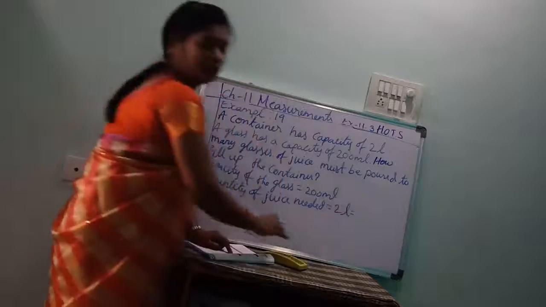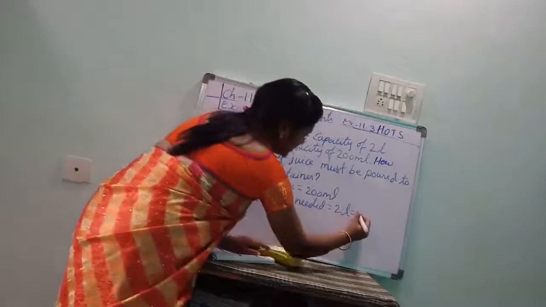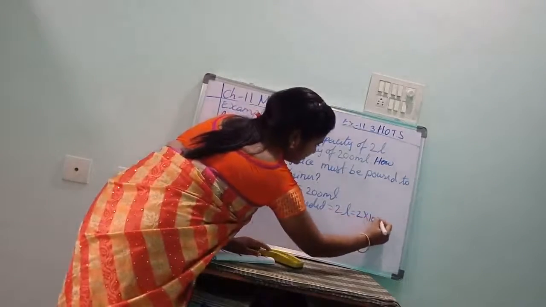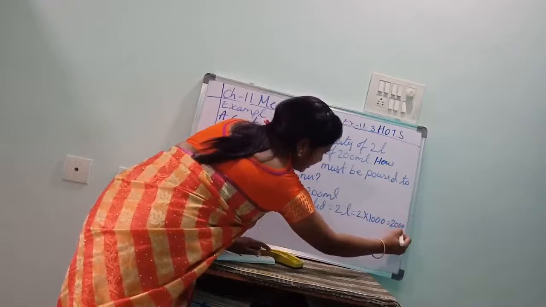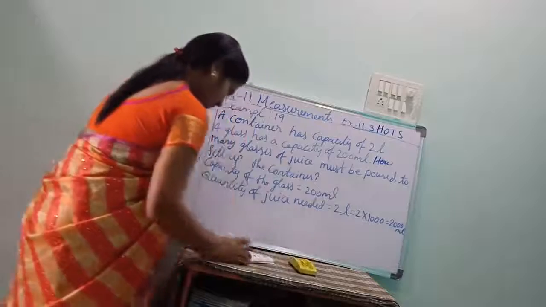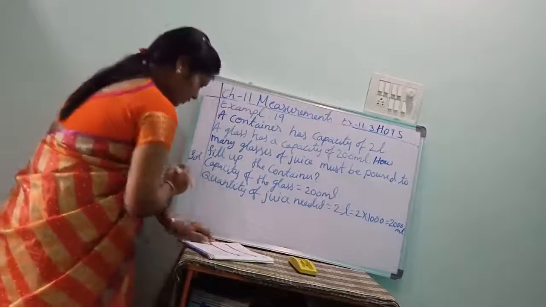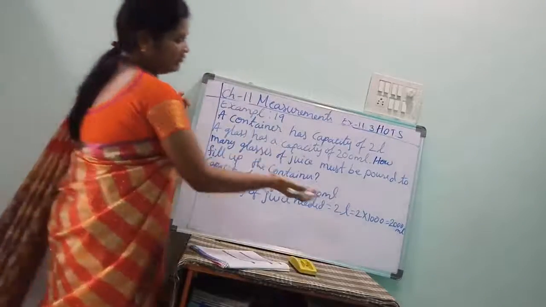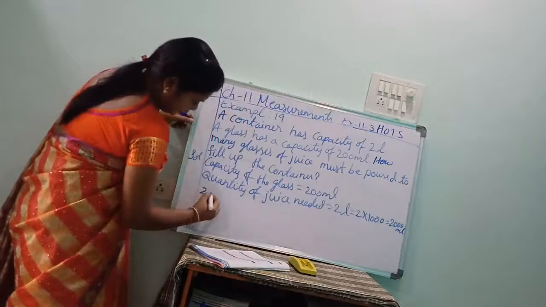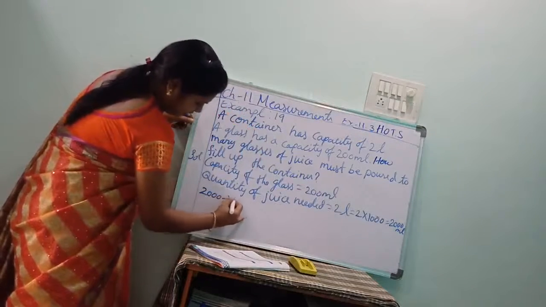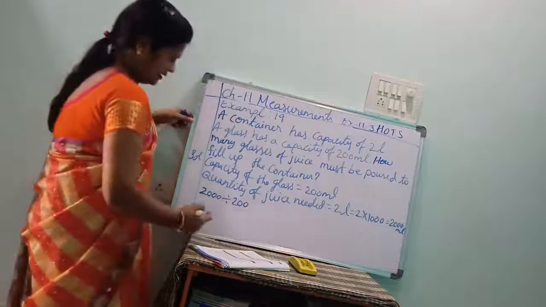You should convert into milliliters. As 2 into 1000, 2000 milliliters. Yes. Now what do you have to do? You should divide this into this. Yes, 2000 divided by 200.